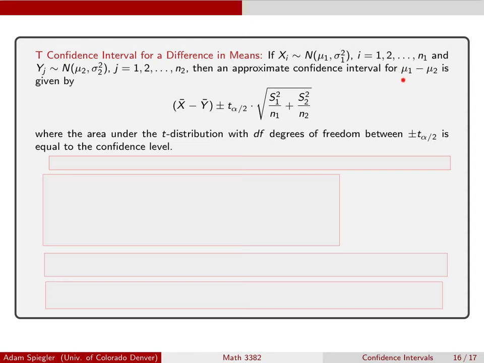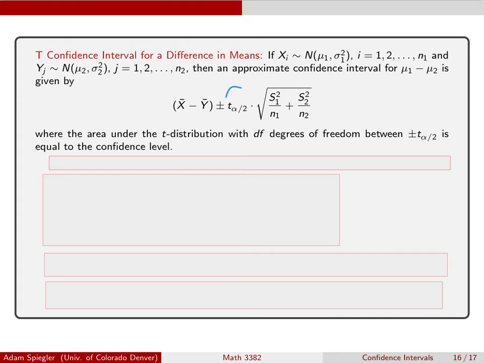And what we want to do is approximate the difference of population means mu1 and mu2. So we're going to take a similar approach. The cutoffs for this are going to be equal to, we're going to start our estimate with the difference in our two sample means, and then we need to build some margin of error into that estimate.